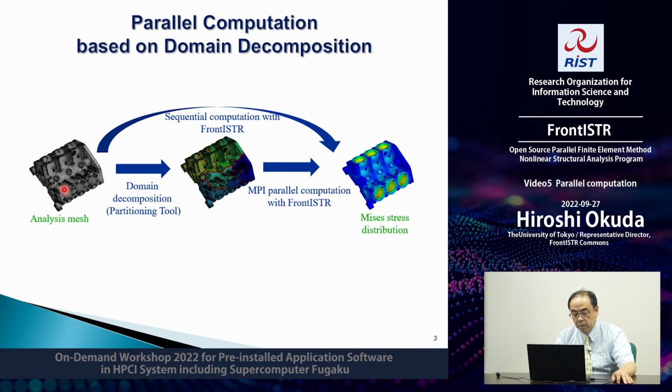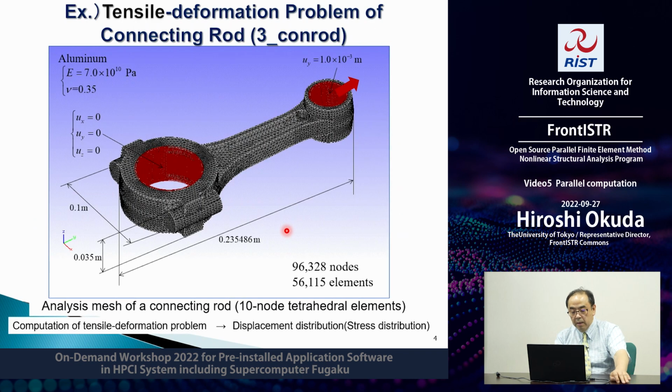Then the whole domain is subdivided into subdomains, and each subdomain is carried out by independent processors. And that is the MPI parallel computation. Okay. So these processes are explained now.